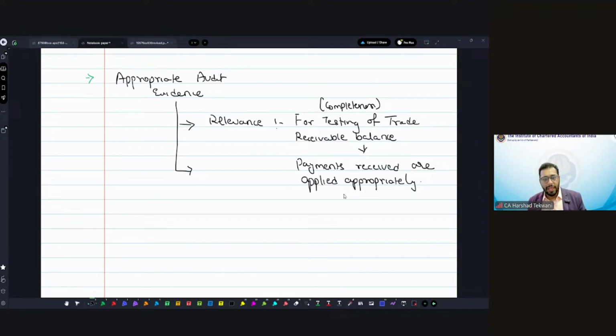Do you think this is relevant in this scenario? I'm talking about completeness of the trade receivables.